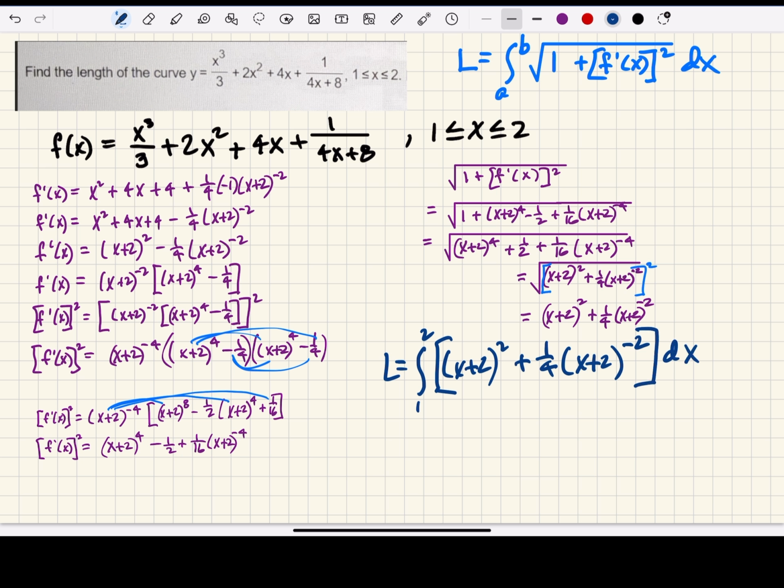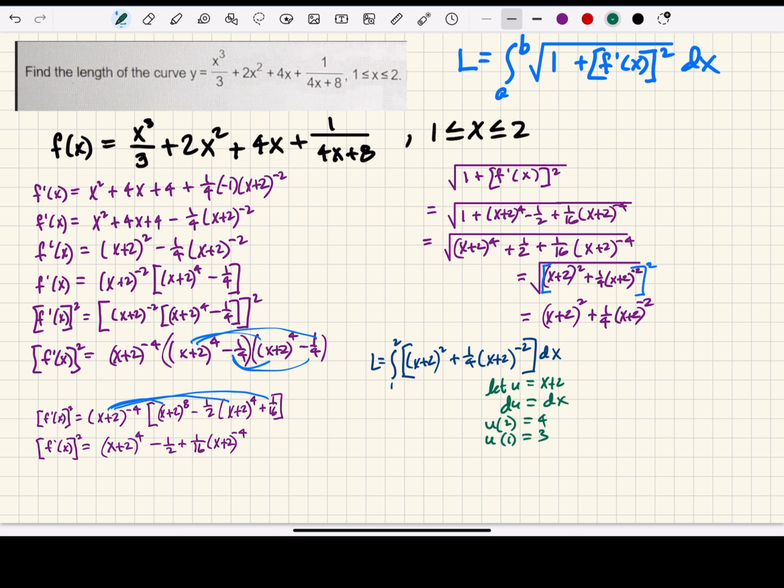There are several ways we could go about integrating this thing, but one thing that would be really easy would be to make a u substitution. So if we were to let u be x plus 2, then du would just be dx. U of 2 would be 4, and u of 1 would be 3.